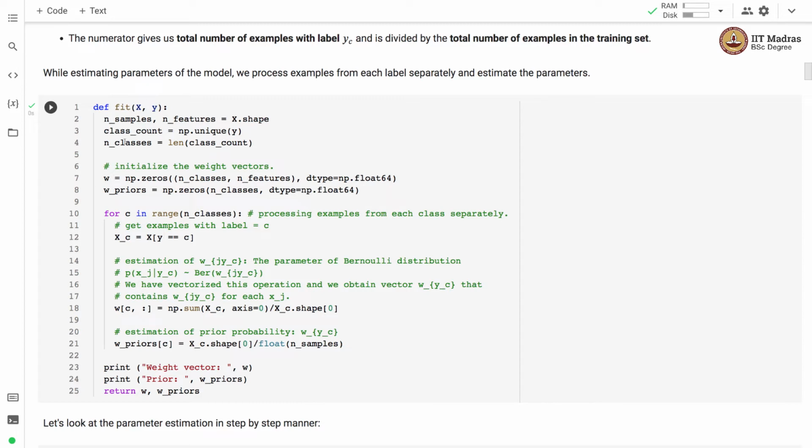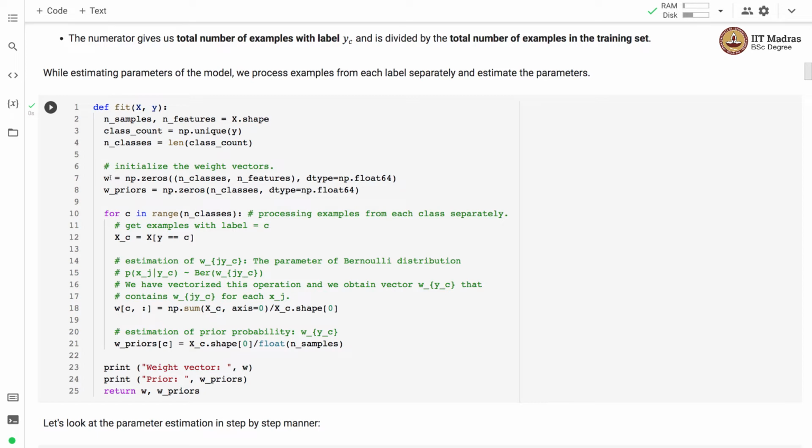So we have the number of classes, the number of samples and the number of features, and then we use these quantities to initialize the weight vectors. So we have w that records the parameters of m different Bernoulli conditional densities, and we do it for k classes.